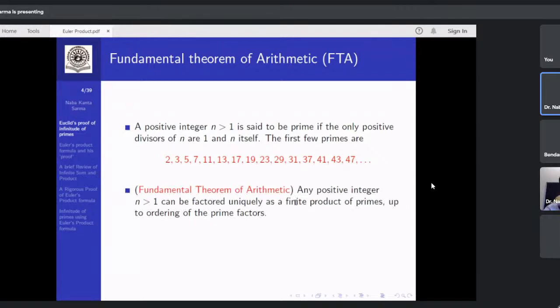So what does this theorem say? A positive integer n greater than 1 can always be factored uniquely as a finite product of primes, where the expression is unique up to the ordering of the prime factors. You can easily see that if we allow 1 to be a prime number, then the uniqueness of this factorization will be lost.